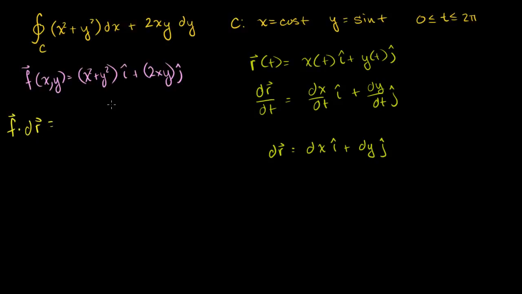Dot products, you just multiply the corresponding components of our vectors and then add them up. So if you take this f and dot it with that dr, you're going to get the i component, x squared plus y squared times that dx plus, do it in the pink again, plus the y component, the j component, 2xy times that dy.